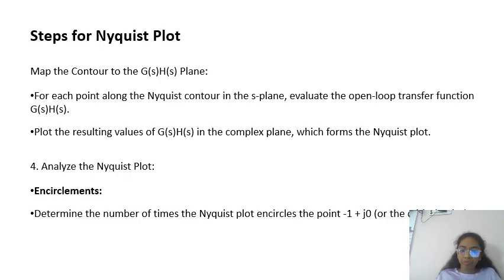After that, plot it. After plotting, we need to analyze the Nyquist plot. Encirclements: determine the number of times the Nyquist plot encircles the point. By that, we are going to determine the Nyquist plots.